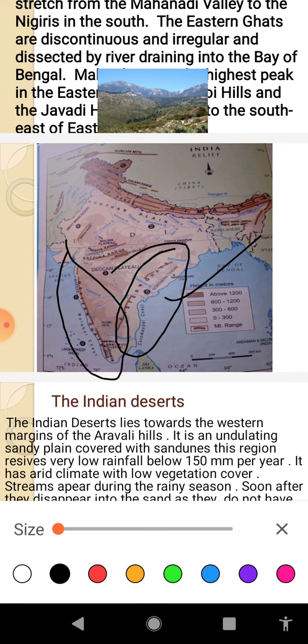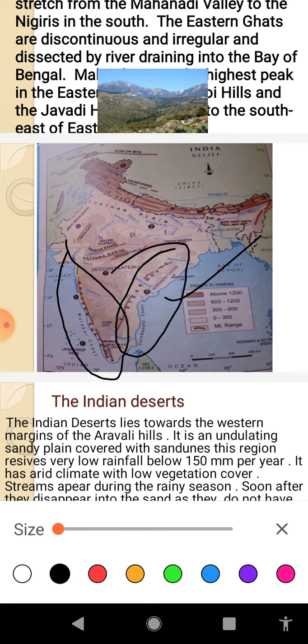Third point, with regard to the Western Ghats, they lie parallel to the Malabar coast, and with regard to the Eastern Ghats, they lie parallel to the Coromandel coast. Another point you can add here, with regard to the Western Ghats, they are comparatively higher in elevation and their average elevation is between 900 to 1600 meters.